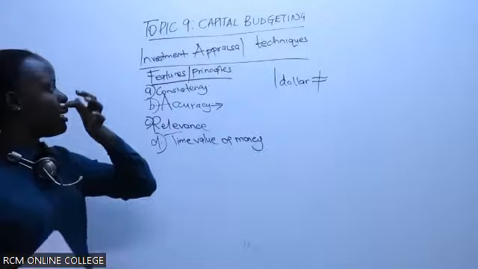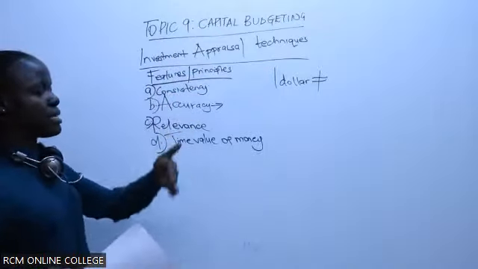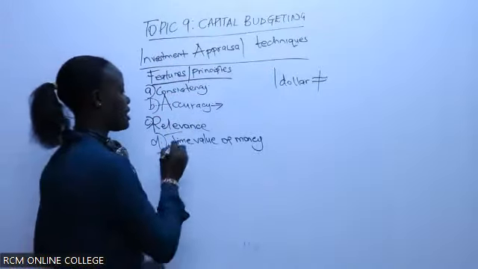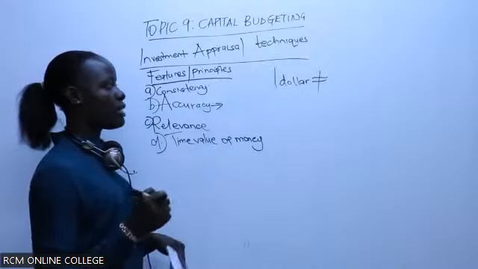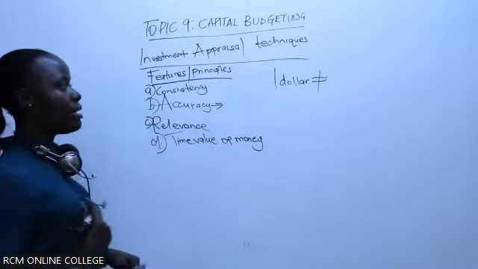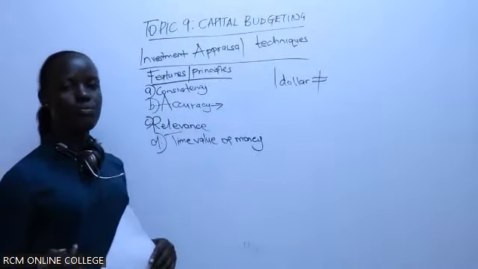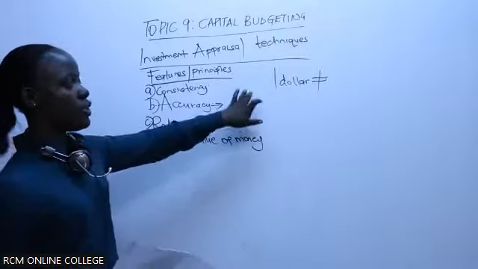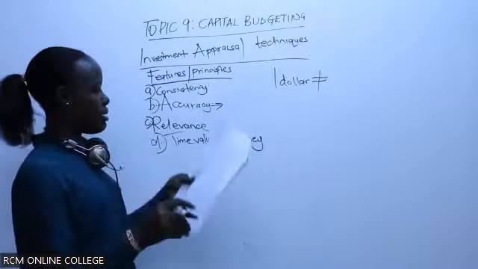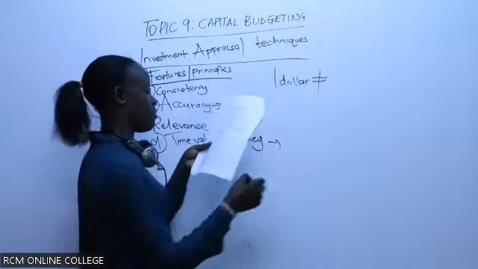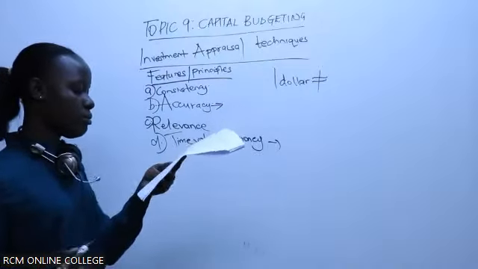The specific appraisal technique should consider that $1 or 1 shilling today has a different value from the same shilling tomorrow. So it should be able to incorporate this aspect of time value of money.